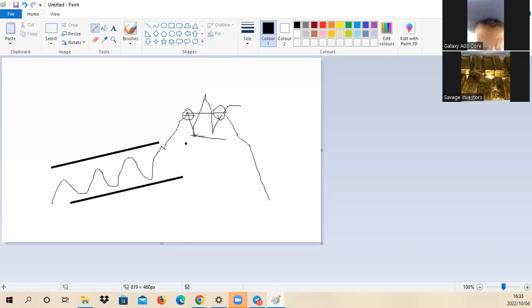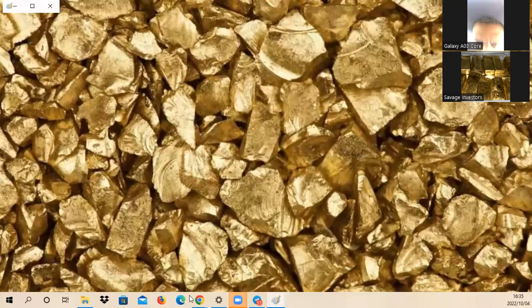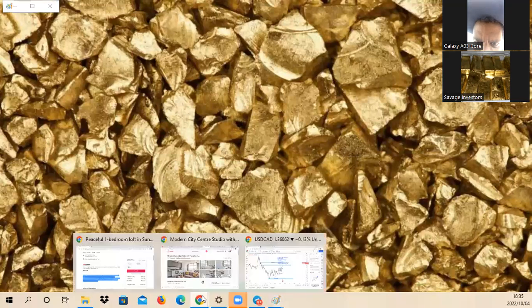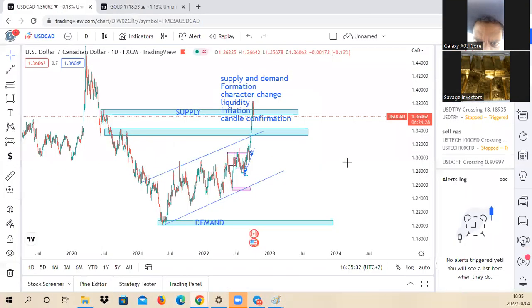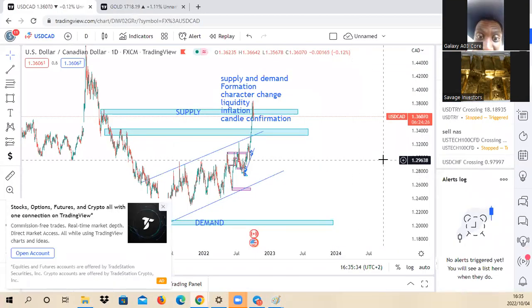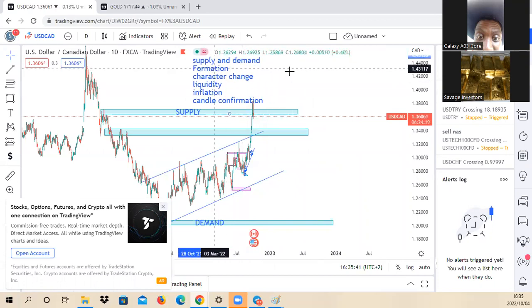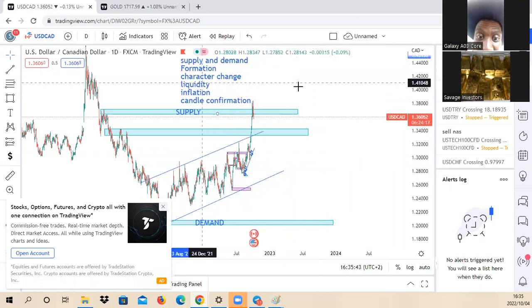You see, so it's basically that setup here that we are witnessing on this daily chart here.